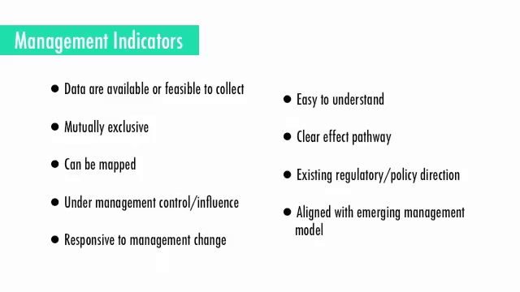So when the MaPP process is complete or moved to the implementation phase, and we have the regional and the sub-regional plans, those will be implemented, and there will be some management model associated with that. We want to make sure that the development of these indicators are aligned with that management model so that we're not wasting effort and making sure that we're producing products that will be respected and will be durable as the plans are implemented.